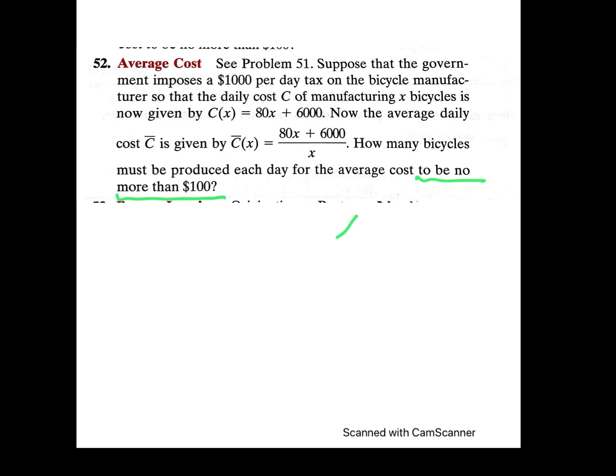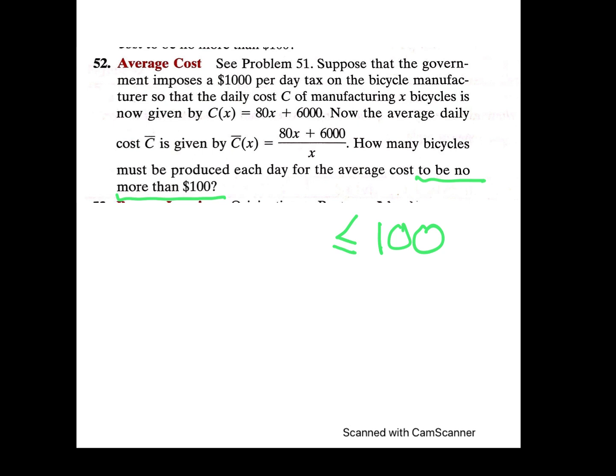That means you have to be less than or equal to 100. So one of the first things we have to know is how to translate words like no more than, at least, at most, less than, greater than, etc., into an inequality.